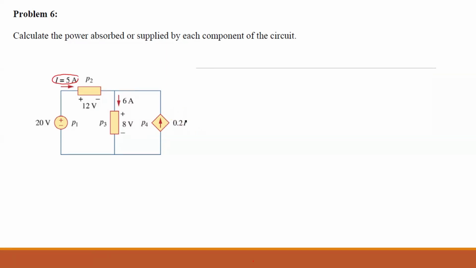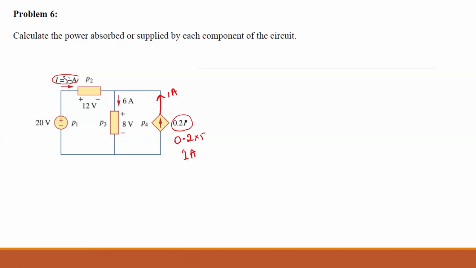If this I changes, the supplied current will also change. So in this case, this current is 0.2 times 5, which is 1 amp. So this one is giving 1 amp.